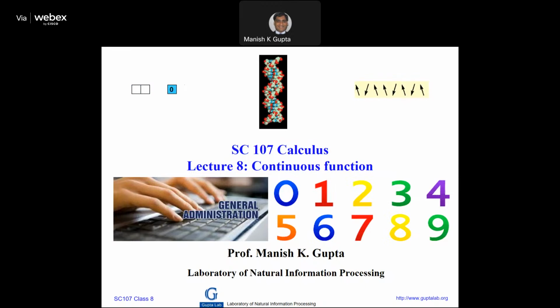Delta normally depends on epsilon and the point a under consideration when we talk about continuity of a function. But if it is independent of the point a under consideration, I will show you with examples so you will understand, then we say that the function is uniformly continuous. Many times, in one domain the function may not be uniformly continuous, but if you change the domain, it may become uniformly continuous. It all depends on what points you are considering, right?